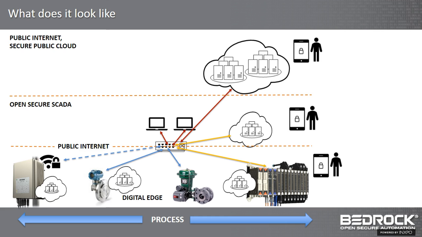Now let's take a look at it in another way, and start looking at it in a building block. There's no dynamics to the slide, so just bear with me. At the bottom of the slide is a process. You're making cheese, you're making cars, you're making petrochemicals. It doesn't matter, because connected to the process is what I would call the digital edge.